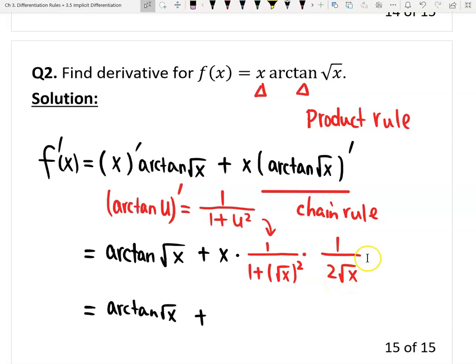We can cancel, divide out square root of x. Therefore, what do we get? The final fraction: at the top is square root of x left. On the bottom we have 2, and we have 1 plus x left. This is after the simplification.